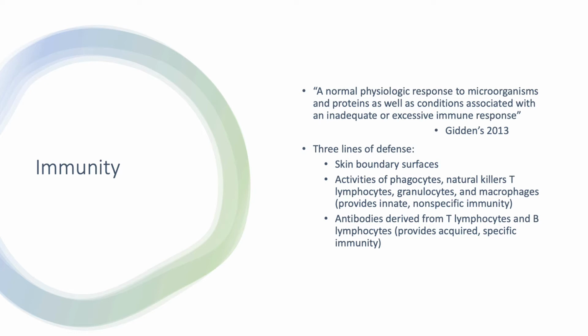Those are the soldiers in this war, if you care to use the war analogy. And then there's the antibodies, which are derived from the T lymphocytes and B lymphocytes. And these provide a little more specific immunity. We're going to get into that just a little bit more in a minute.